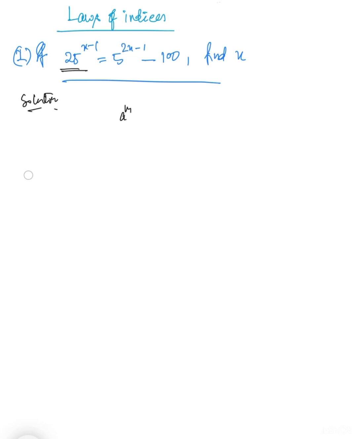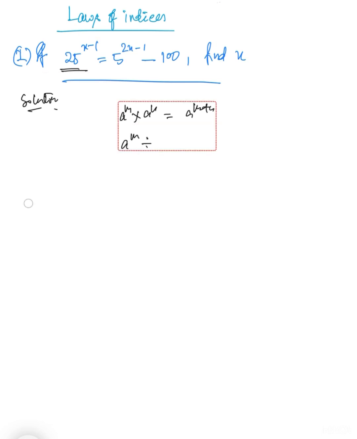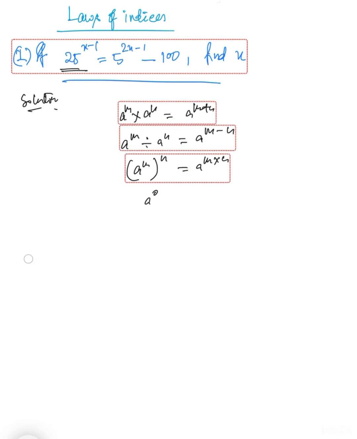if we remember the formula that a to the power m into a to the power n equals a to the power m plus n, and another formula a to the power m divided by a to the power n equals a to the power m minus n, a to the power m whole to the power n equals a to the power m into n, anything to the power 0 equals 1, and a to the power minus m equals 1 by a to the power m.